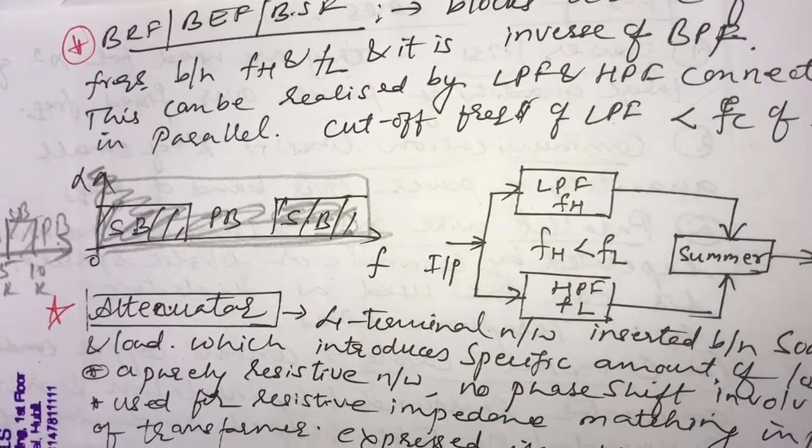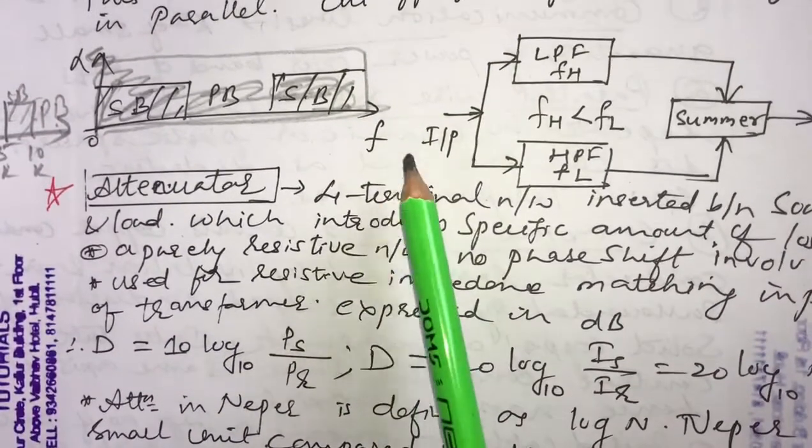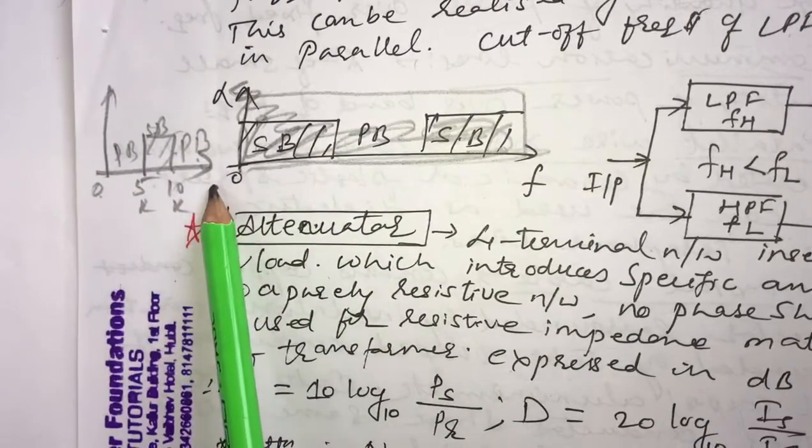In band pass it was greater than, here it will be less than. Okay, this is regarding band elimination, and students please make the correction here.